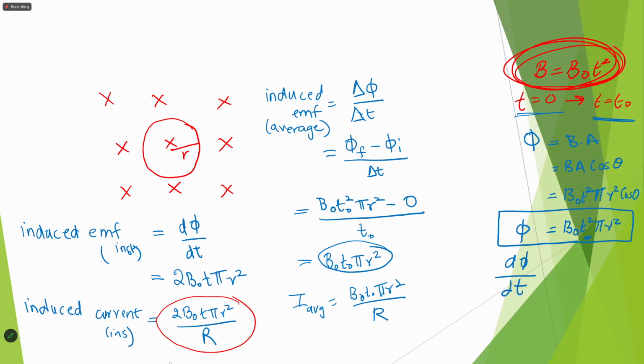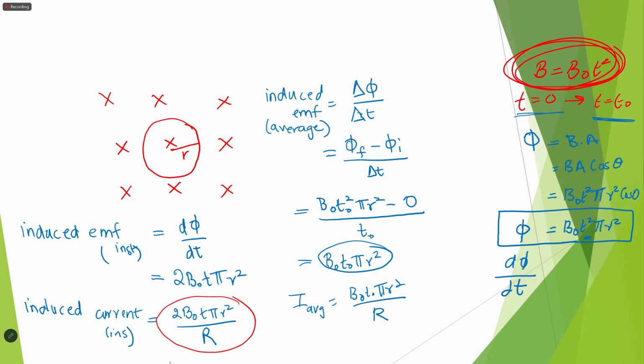Now, according to Lenz's law, I should produce current in my coil in such a way that it opposes this change. The magnetic field is increasing into the screen. I want to produce a magnetic field which will oppose this change. So which side should my magnetic field go?